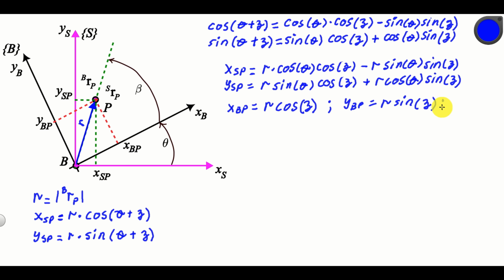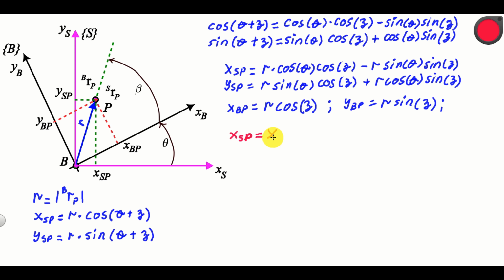If we substitute these two expressions in these two equations, we will obtain the following two equations. We will obtain that XSP is equal to, let's see, we can see here that we have R cosine beta. And instead of that, we can simply write XBP.